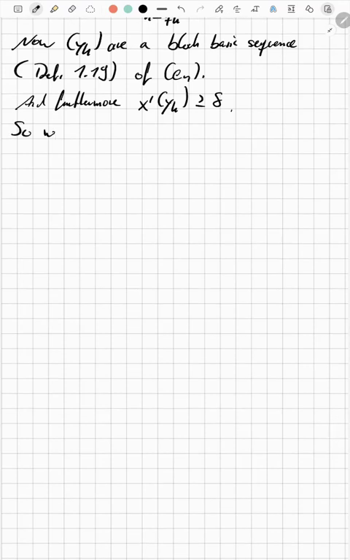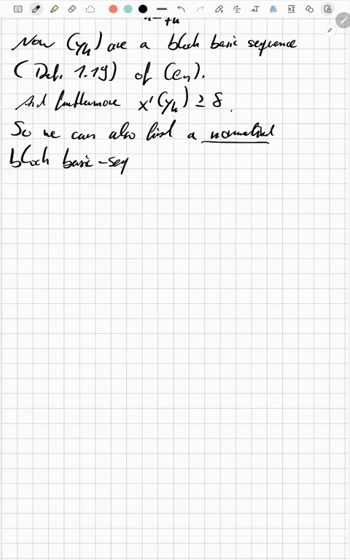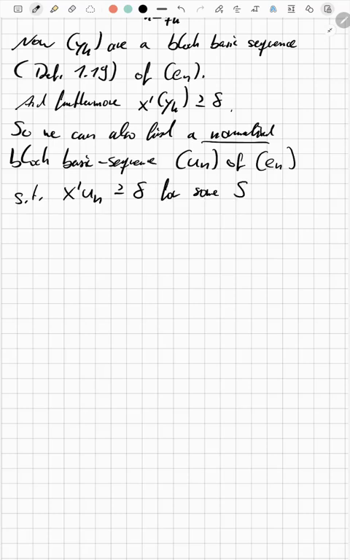Now, we can also find a normalized block basic sequence, which we will call un of En, such that when we apply our functional, this will be greater than delta for some delta. This might be a different delta, and it probably is.